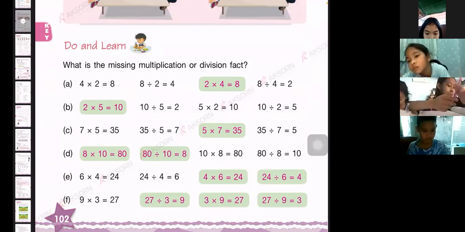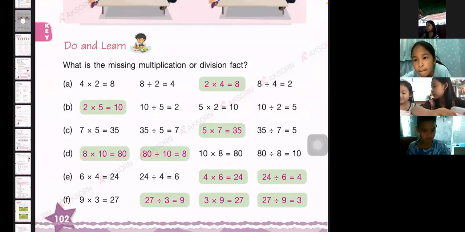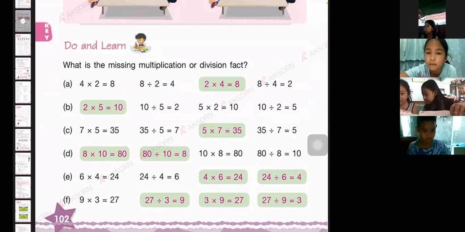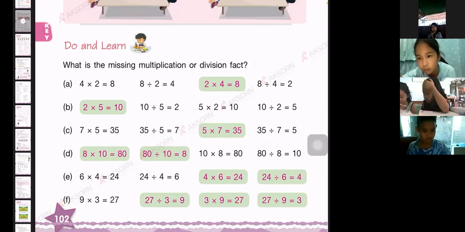Next, for letter D, we have the given answer 10 times 8 is equal to 80. So we're just going to change it. We're going to do 8 times 10 equals 80. Okay. So now for division, 80 divided by 10 is equal to 8.